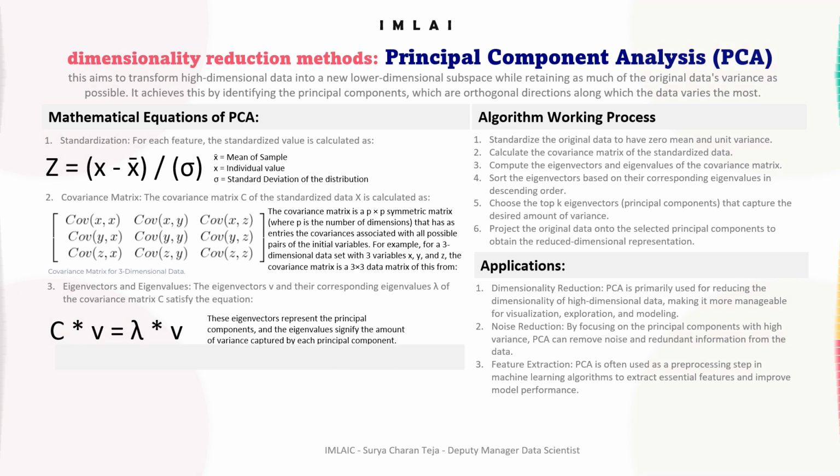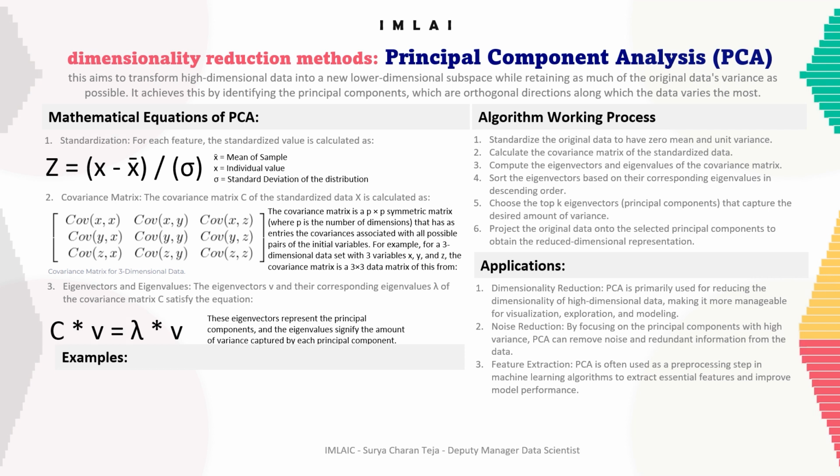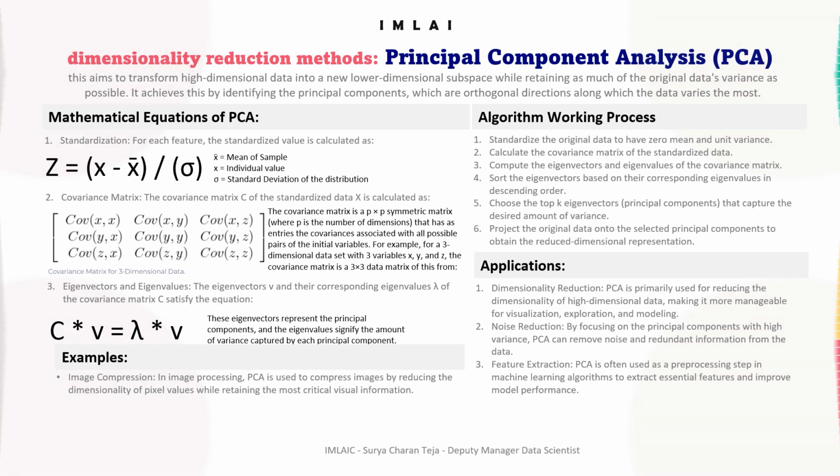Let's begin with image compression. In image processing, PCA is used to compress images by reducing the dimensionality of pixel values while retaining the most critical visual information.